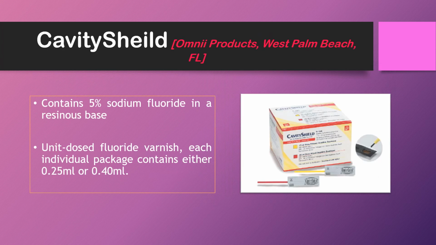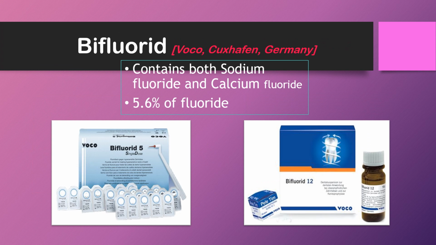Next is the Cavity Shield, which contains 5% sodium fluoride. There is a metered dose available in this pack, where each pack contains 0.25 ml or 0.40 ml. So this pack can be unwrapped and then used for each patient. The next one is Bifluorid, which contains sodium fluoride and calcium fluoride.